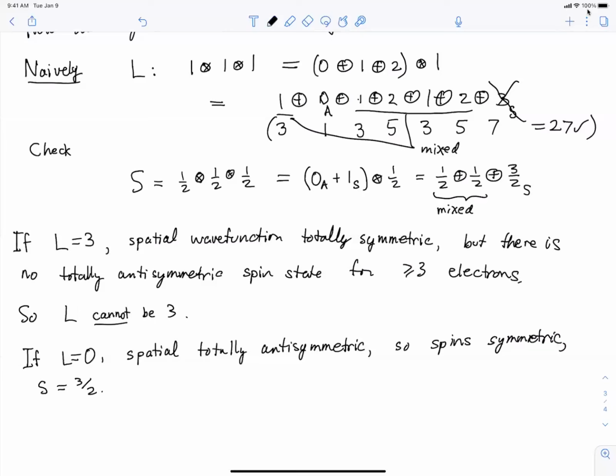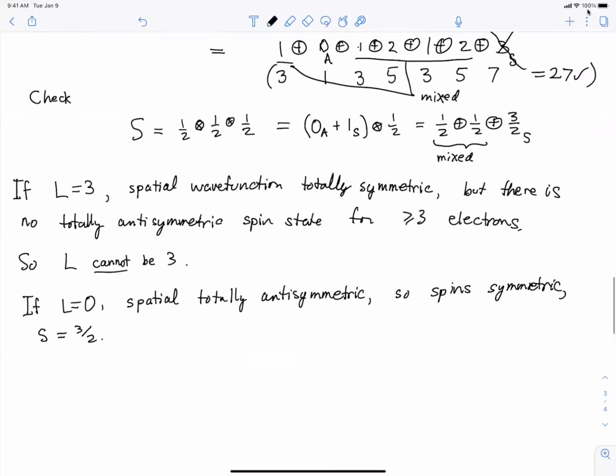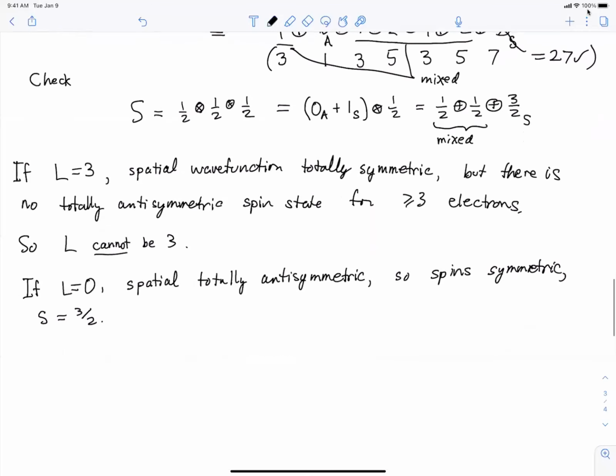One way of thinking about that is one of the members of that totally spin symmetric multiplet is when all spins are up, for example. Okay, and so that's an allowed combination.